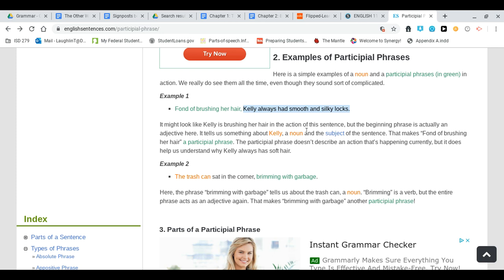Kelly always had smooth and silky locks. So that makes up an independent clause. Kelly is the subject because Kelly always had. So there's our verb phrase. And then we have our participial phrase, where Kelly is modified by fond of brushing her hair.